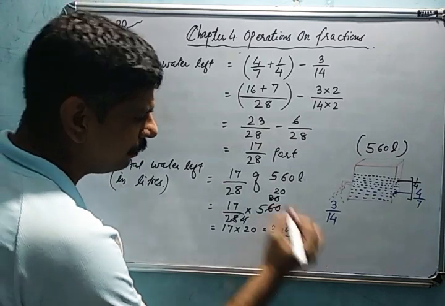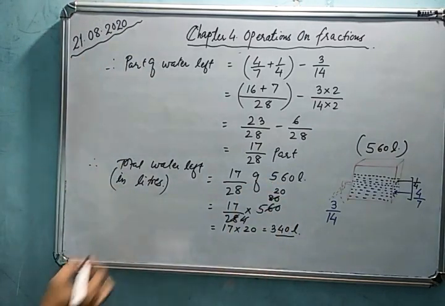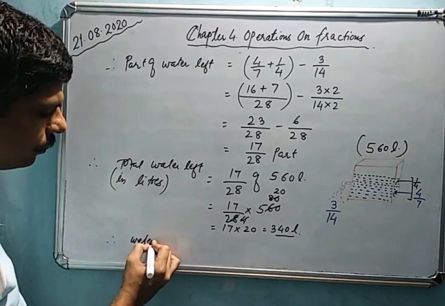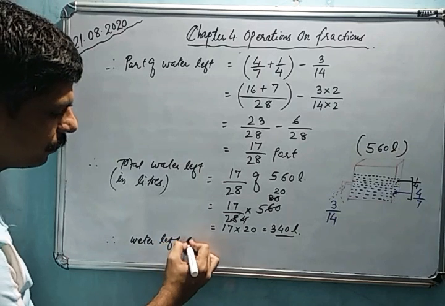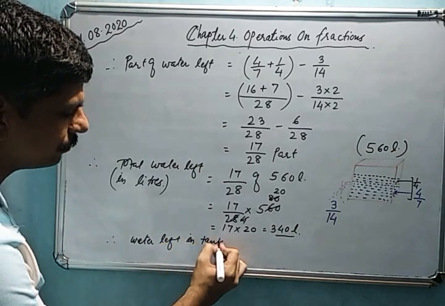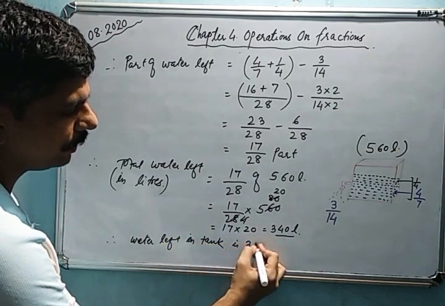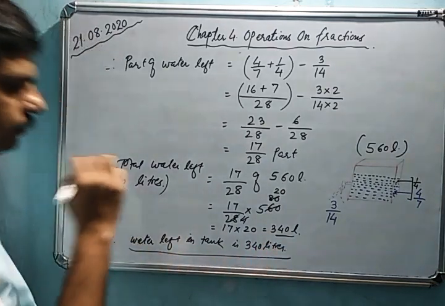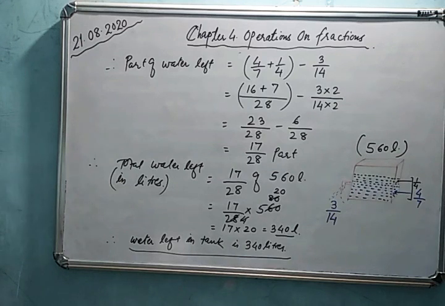So 340 liters. So that is your final answer. Water left in the tank is 340 liters. This is your final answer. Note down the sum.